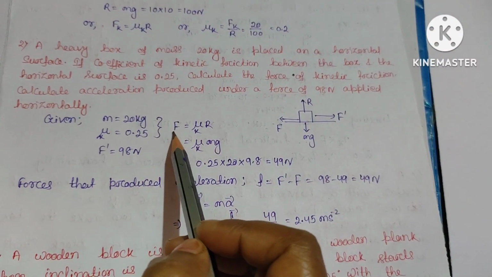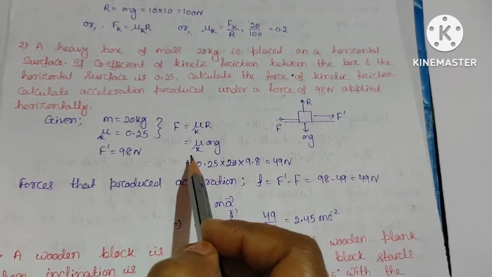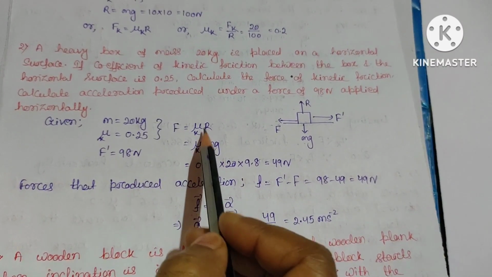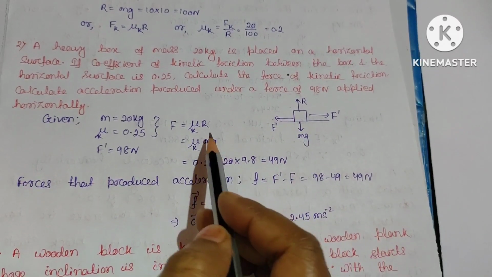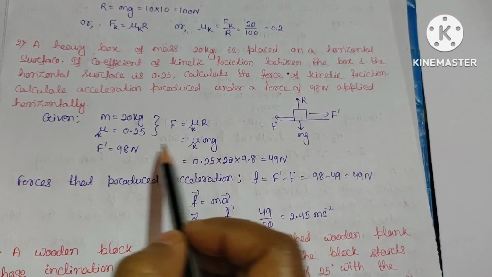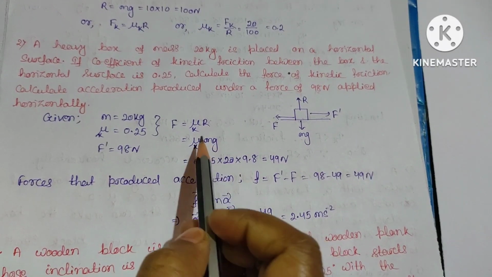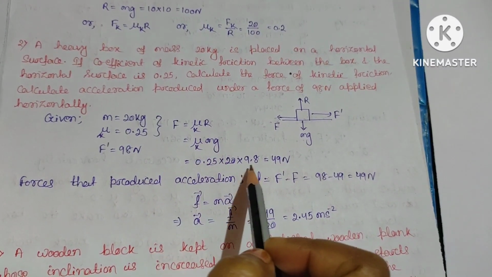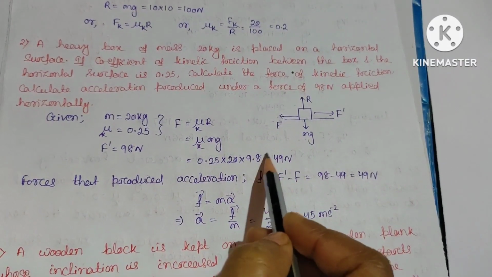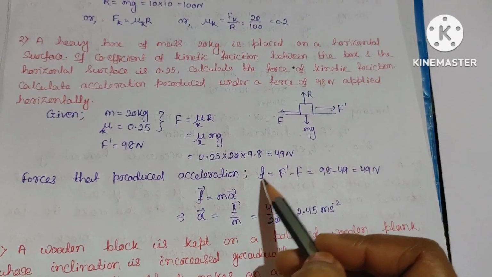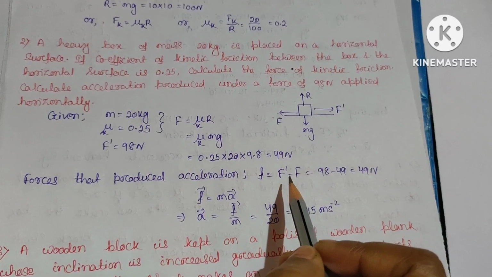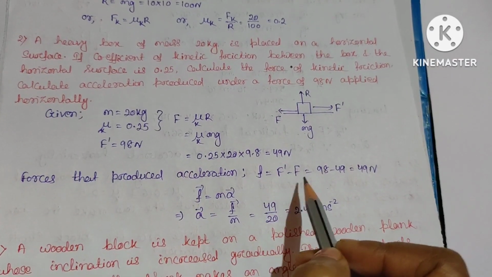We have to calculate the kinetic friction. The kinetic friction is mu k into R. R is balanced by mg, so R is mg. So mu k is given 0.25 into mass 20 into g 9.8, that is equal to 49 Newton. The force that produces acceleration is F equal to the force applied minus the kinetic friction.